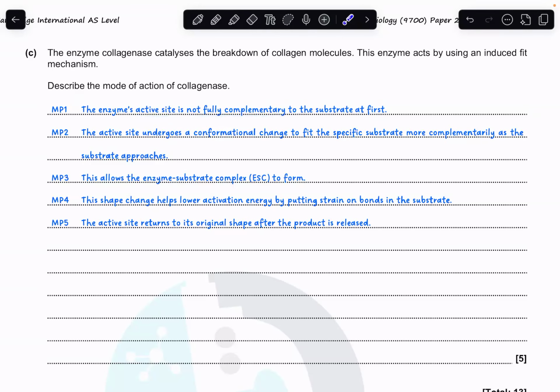So the active site, not only the enzyme shape but the active site as well, undergoes a conformational change to fit the specific substrate more complementarily as the substrate approaches. This allows the enzyme-substrate complex to be formed. And because of the change in the shape of the active site, the active site now puts strain on the existing chemical bond, and the active site returns to its original shape after the product is released.